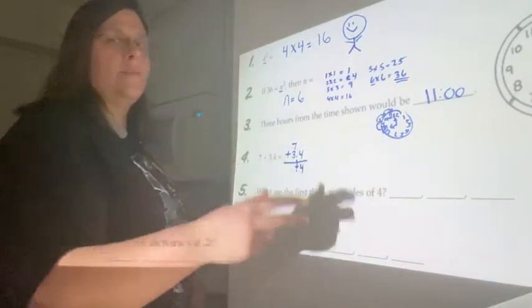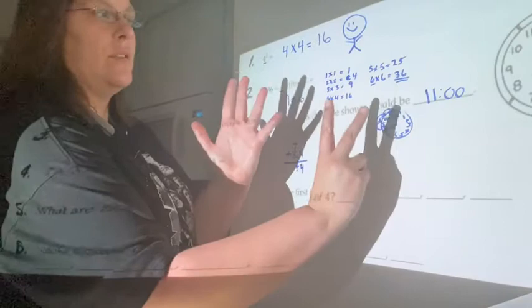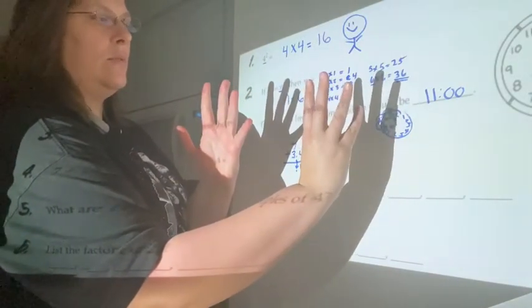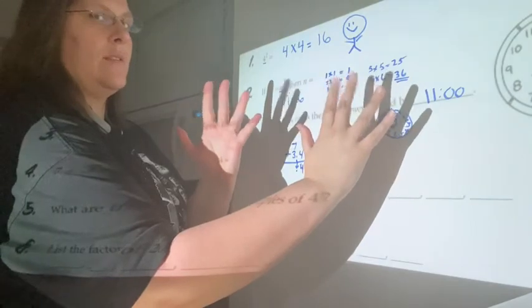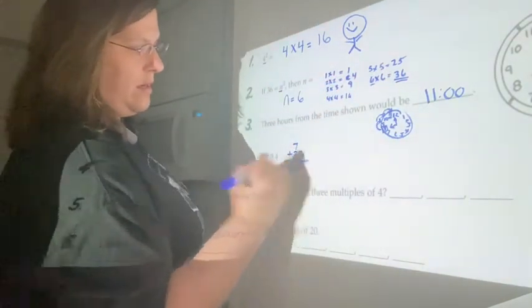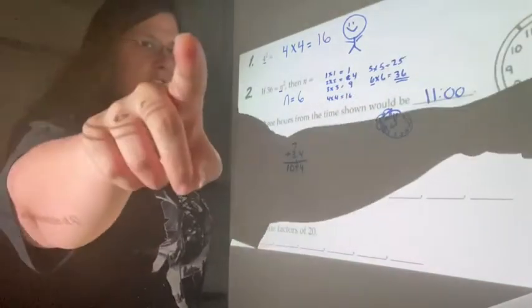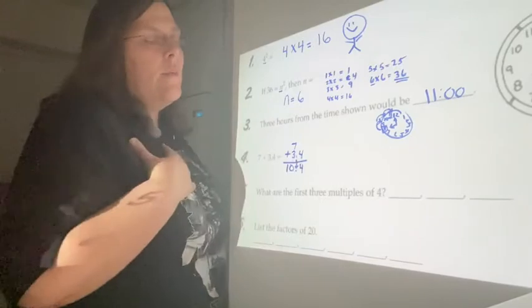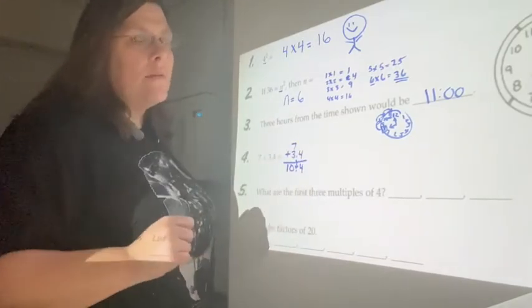So let's go ahead. Ready? We have 7. There's our 7. And then 1, 2, 3. So my answer is 10. Okay. But we got to check it. Because what if I messed up? What if when I wrote this down, I put that 7 over that 4? You got to check it.